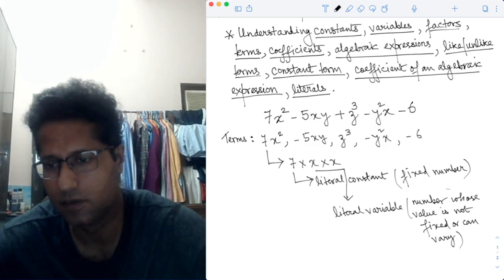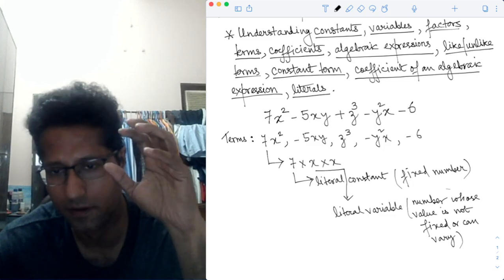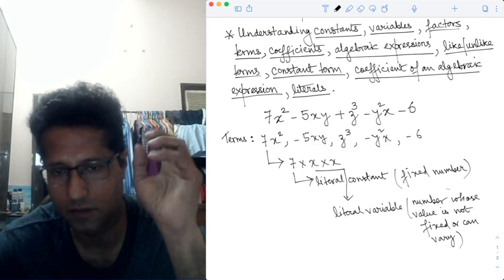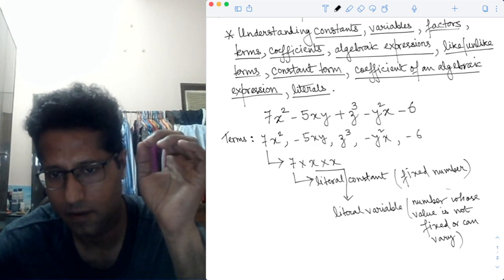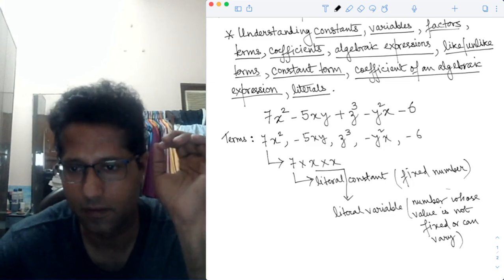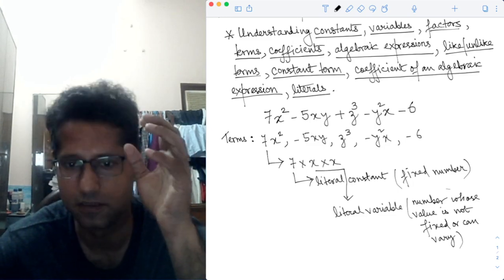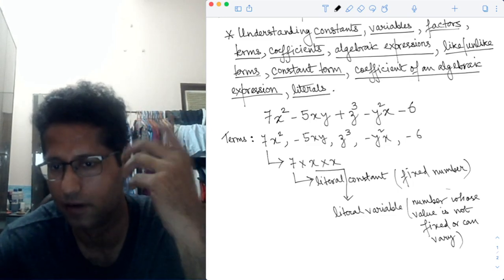Now, what exactly is a literal? A literal is a symbol that represents a number. 7 is a symbol that represents a number. X is also a literal that eventually will represent some number, but the value of the number will change. That is why it's a variable. So it's a literal variable.